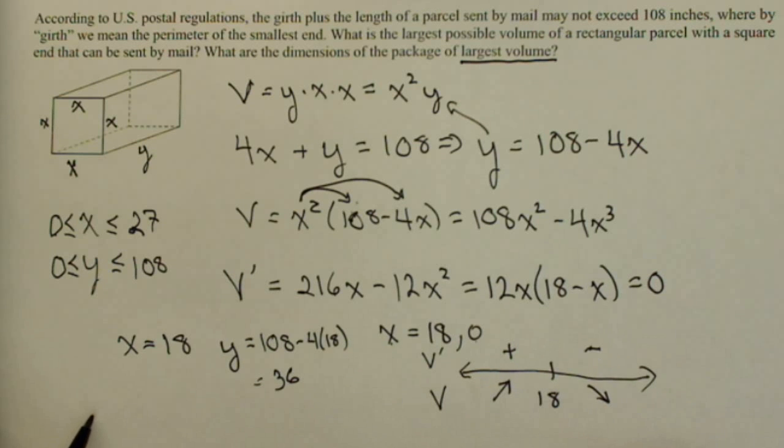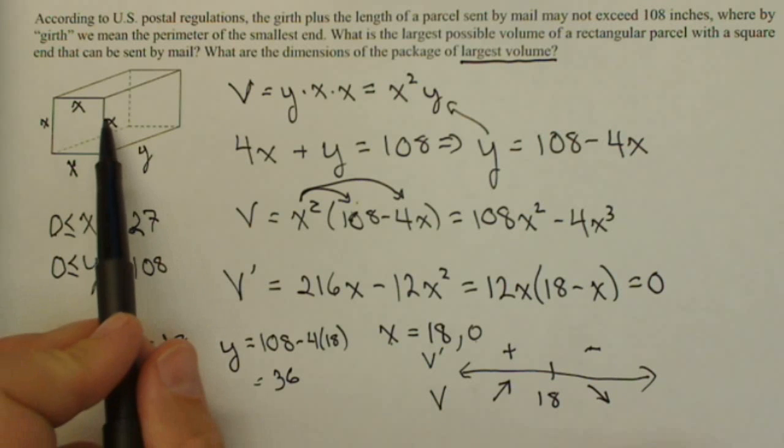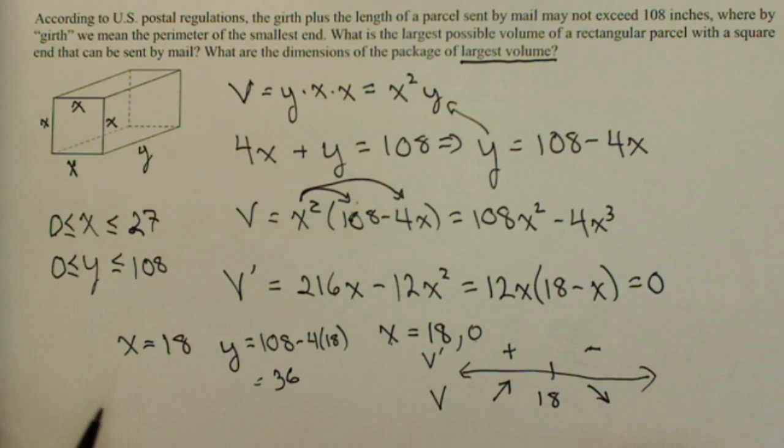So if we were asked for the dimensions, it's 18 by 18 for the girth, and then 36 for the length. And since this problem asked us for the volume, it's going to be 18 squared times 36, for which we get 11,664 cubic inches.